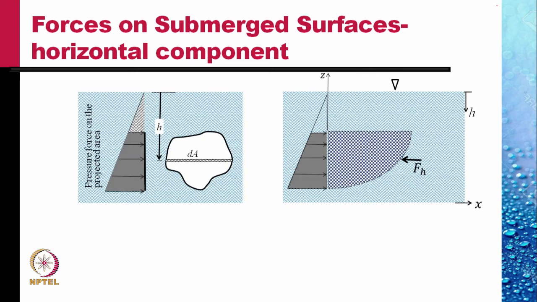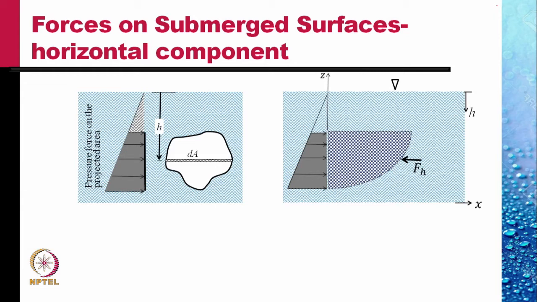To evaluate the force on this vertical flat plate, let the white area represent the projection of the original plate onto a vertical plane. The pressure distribution on this is as shown. At depth h, let us consider an area dA.